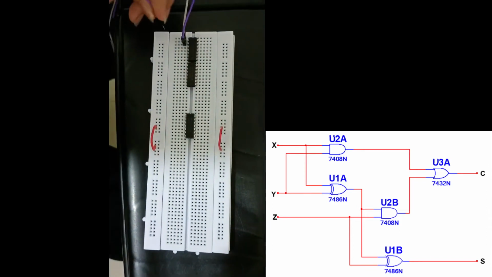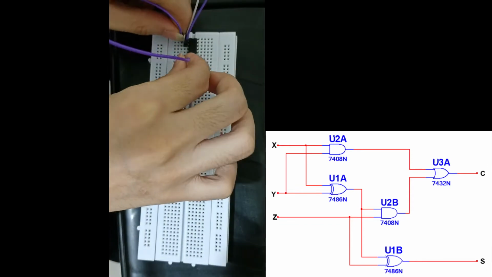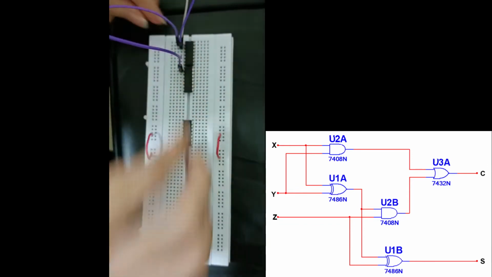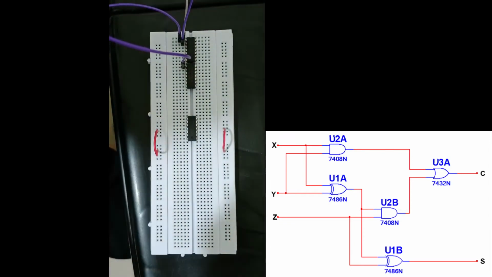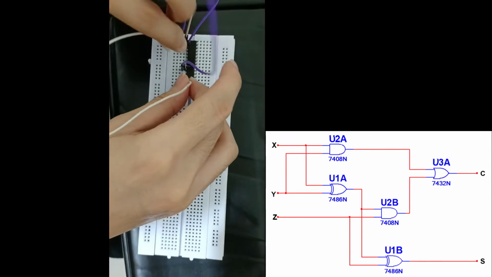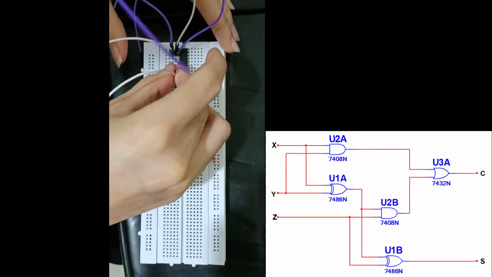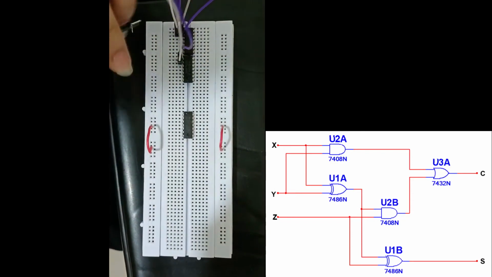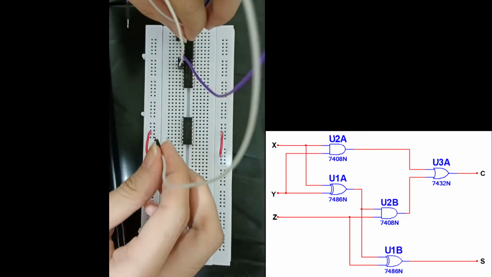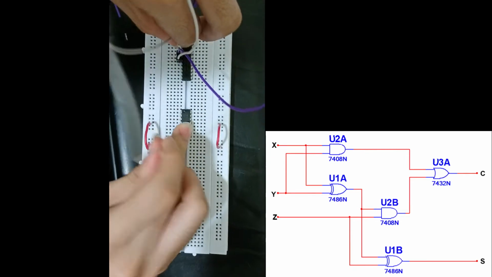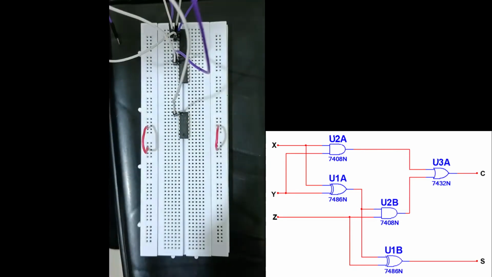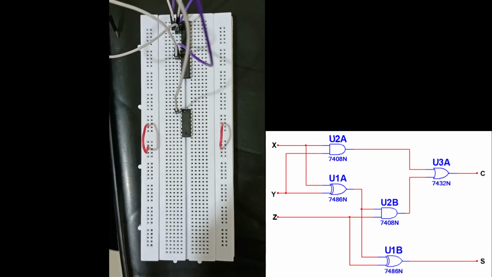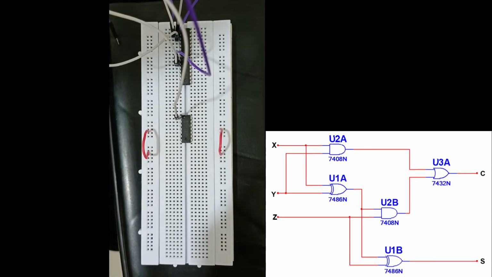The full adder circuit has 3 inputs, which are X, Y, and Z. The 2 outputs are S and C. By following the circuit diagram in connecting to the proper pin configurations of IC and grounding, we are able to come up with the full adder circuit.